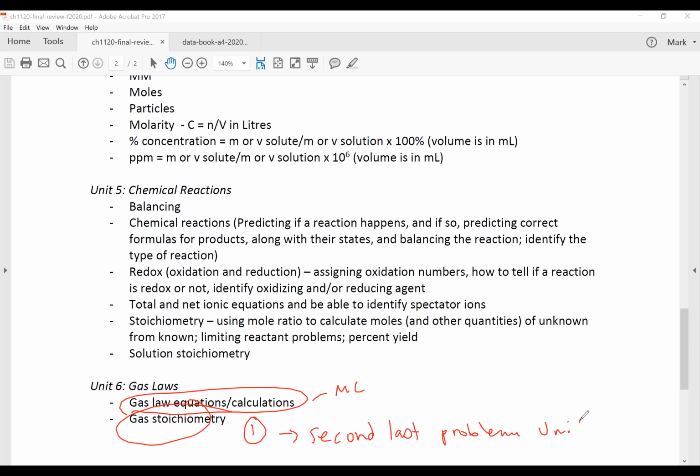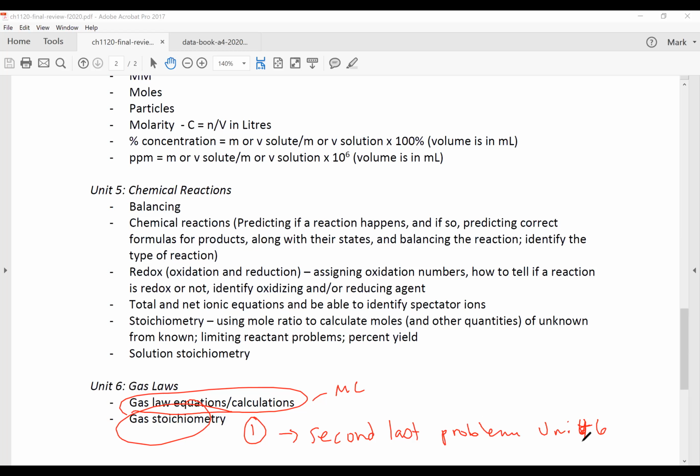In unit 6, that is a gas stoichiometry problem. If you remember class yesterday, we found the moles of a chemical, we used the mole ratio, and then we answered the question by calculating the volume of that chemical.